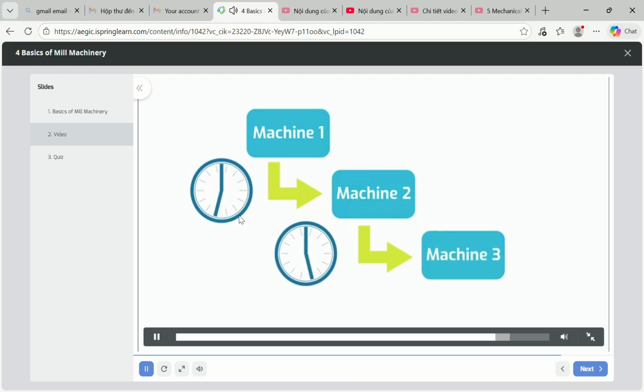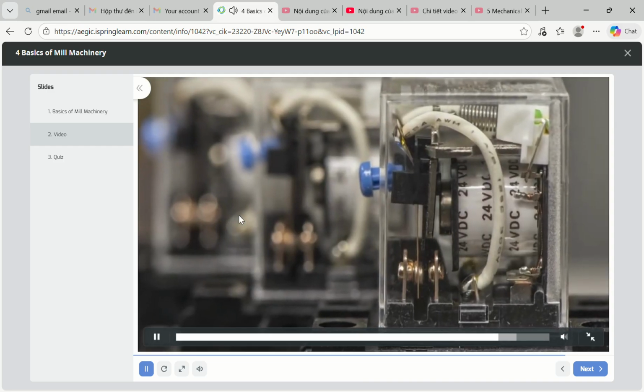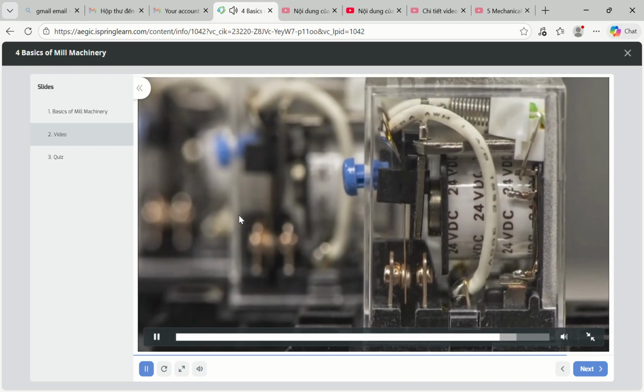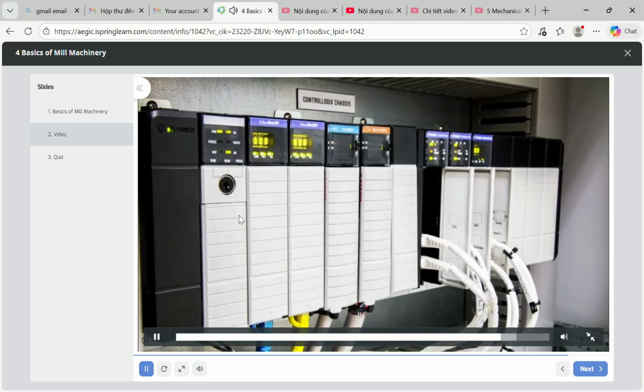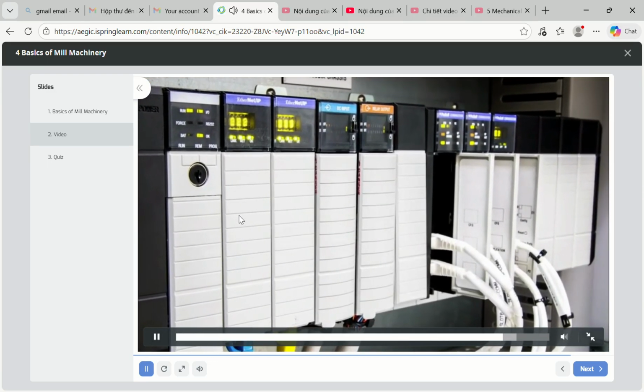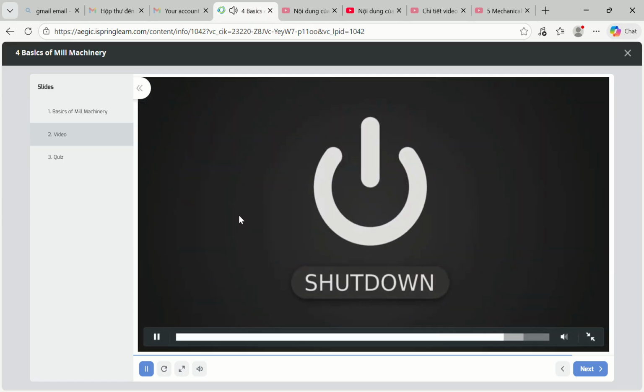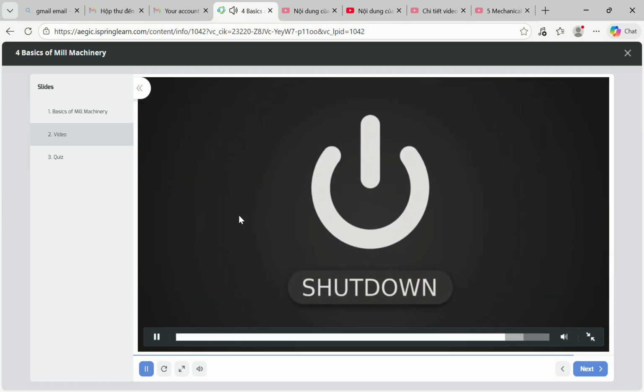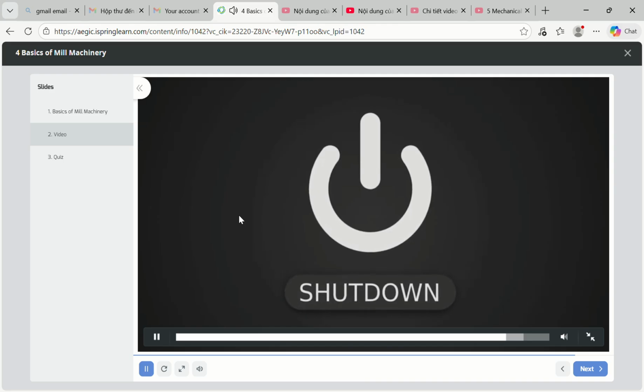The same is true of the shutdown process. These processes incorporate timers and delays, either hardwired or using PLCs and sensors. Most mills have a suspend option that is a partial shutdown for when temporary issues such as chokes occur.